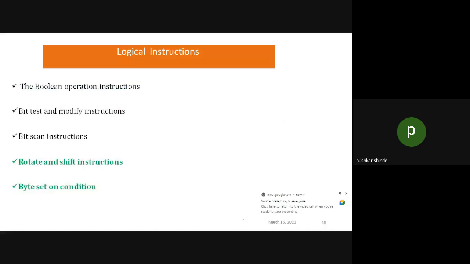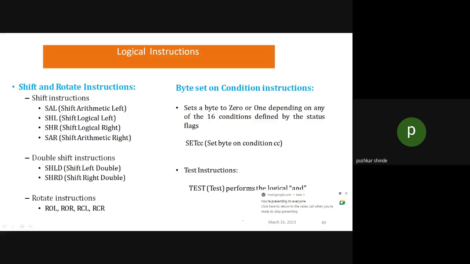The next are rotate and shift instructions. You have shift instructions like SAL, shift arithmetic left. Then you have SHL, shift logical left. Then you have SHR, shift logical right, and SAR, shift arithmetic right.